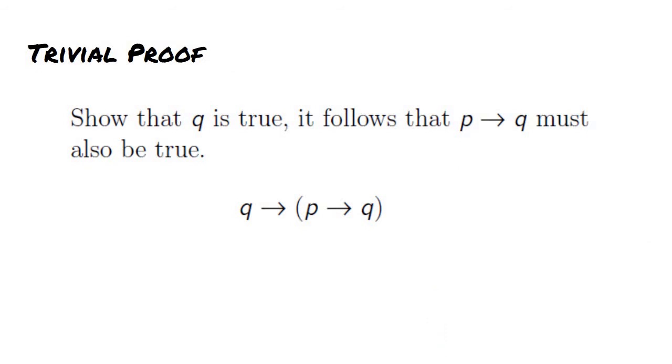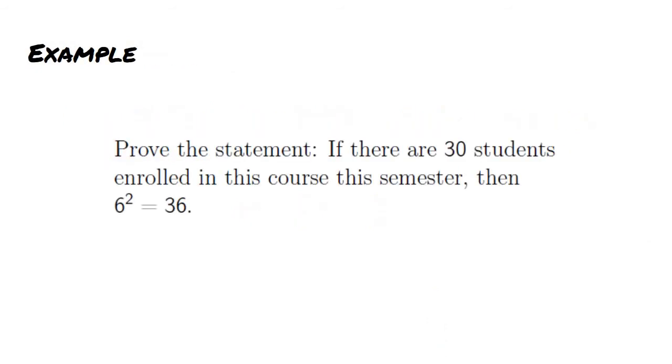Let's check some examples. Prove the statement: if there are 30 students enrolled in this course this semester, then 6 squared is equal to 36. The first statement is unclear. What class is this? So we go directly to the second statement, which is mathematically true.